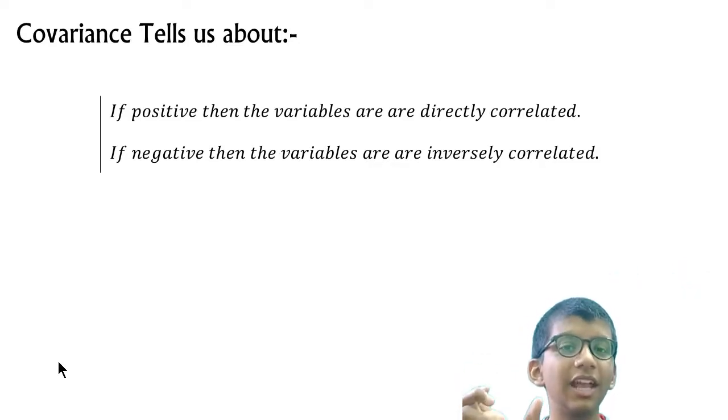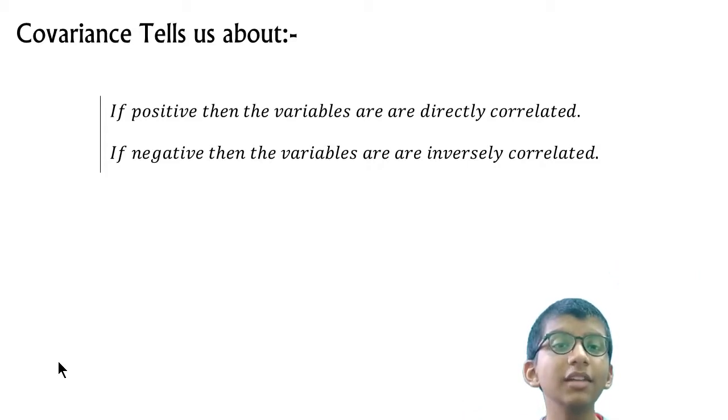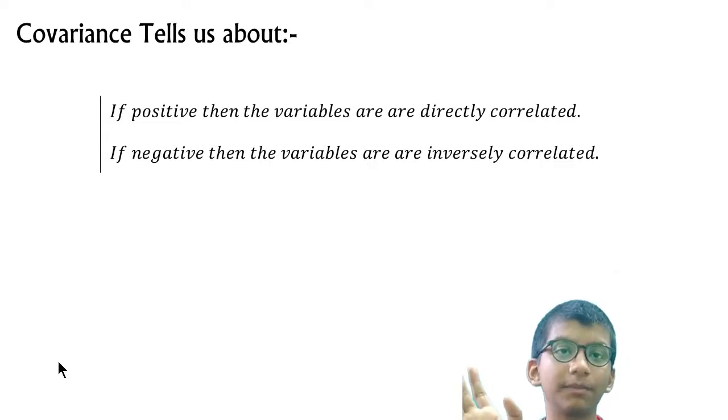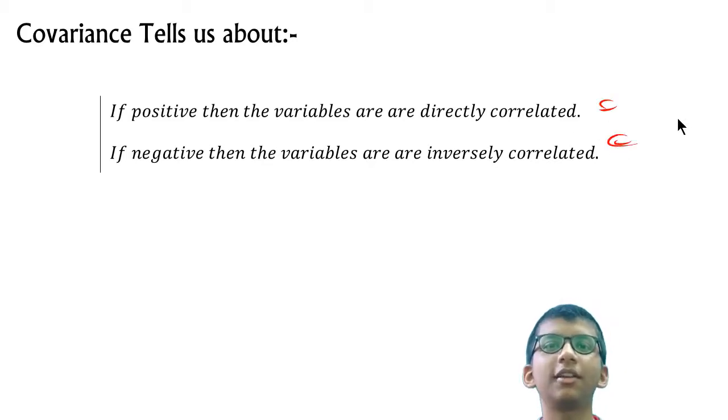It means they are increasing together and decreasing together. If they are inversely correlated, then one is increasing and the other is decreasing. If you have any problem, be sure to comment down below. I hope these two things are very clear.